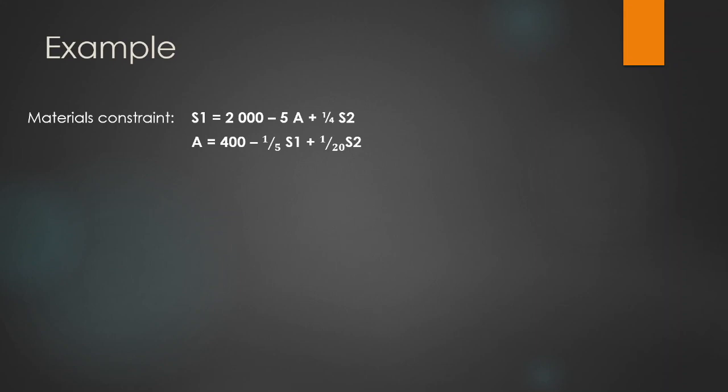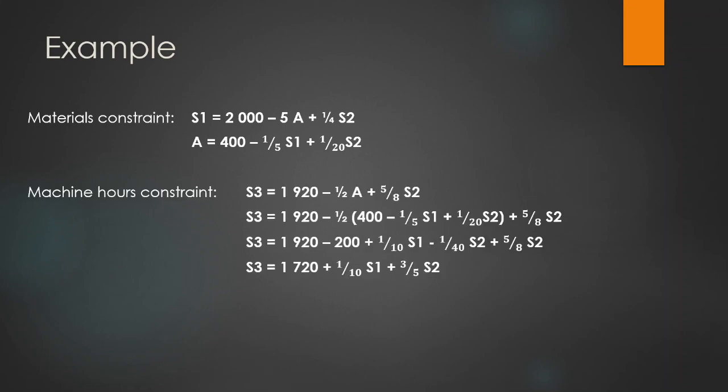Now it is time for the machine hours constraint. Pause the video, give it a try, and see what you get. Great, so I get S3 is equal to 1720 plus 1/10 S1 plus 3/5 S2.